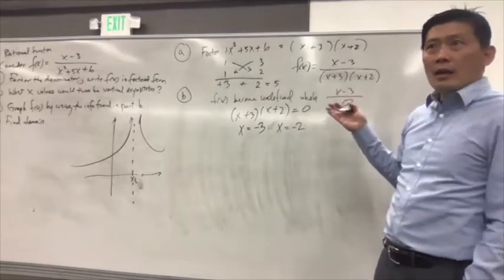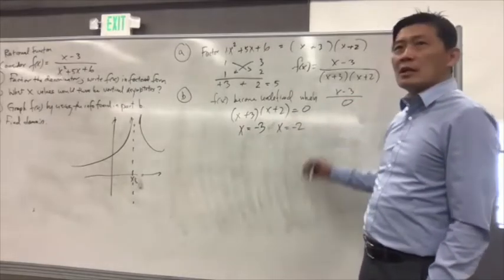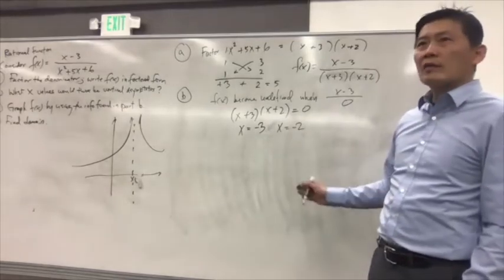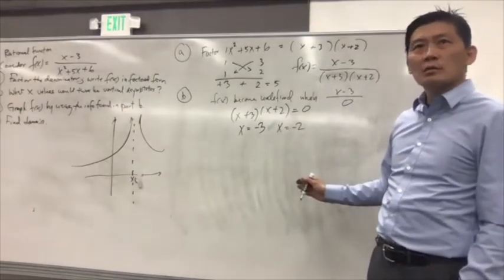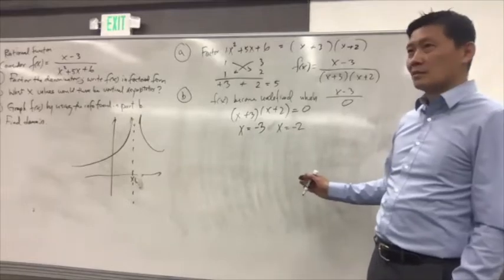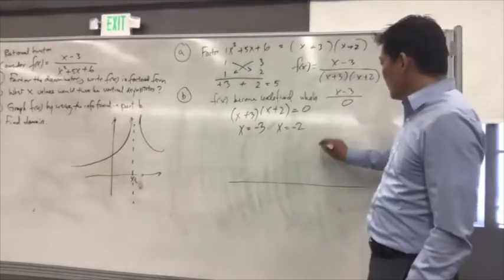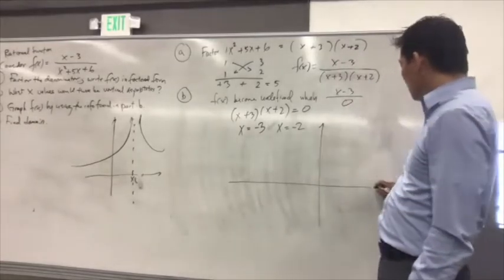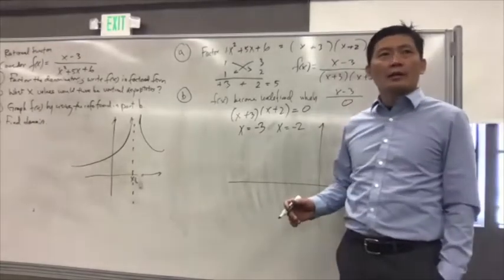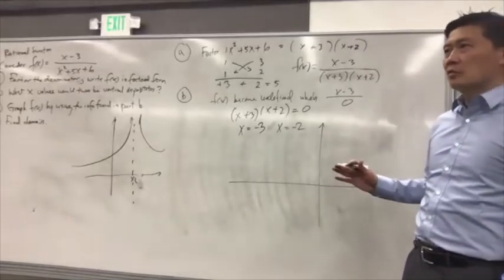So immediately I know that at x equal to negative 3 and x equal to negative 2, I'm going to have vertical asymptotes. Make sense? Whatever this graph might look like, I have no clue at the moment because I haven't touched my calculator. I'm purely reasoning myself through this.